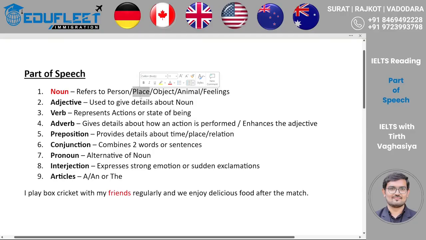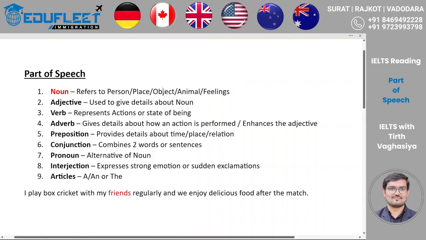Let's look at the next term, which is place. Place is what? Any location at which we are performing the action, or a reference to that location. Do we have anything which is referring to a location? No, doesn't seem so, right? So let's look at object. Now, object is a wide term that covers everything under it.